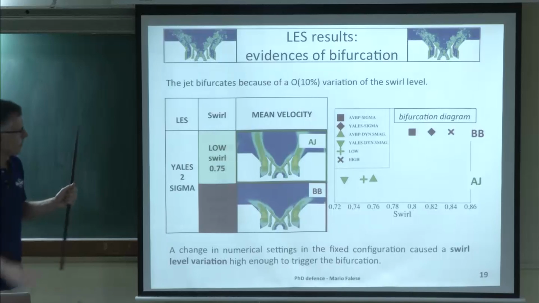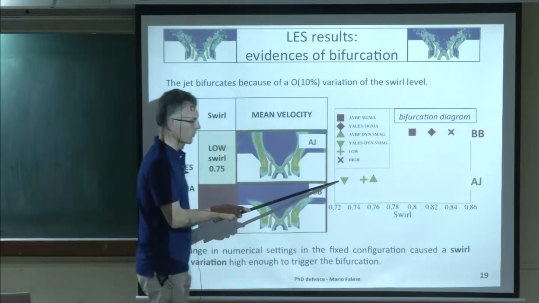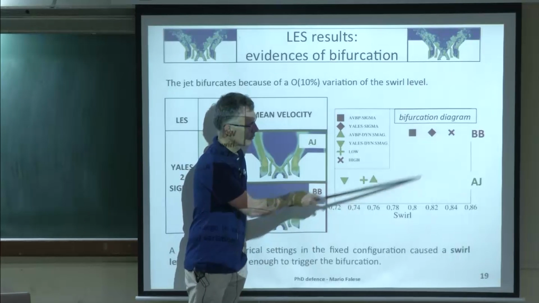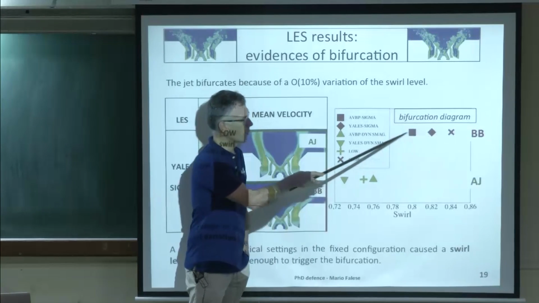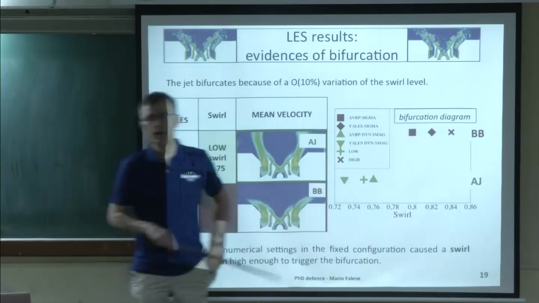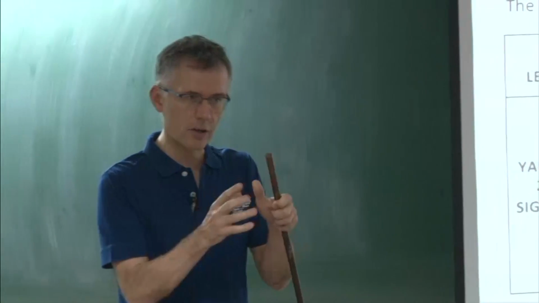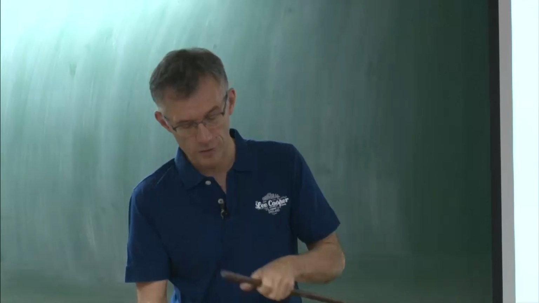Now, when you do that, the other thing you can do also is you can slowly increase the swirl in one direction to go there, or slowly decrease the swirl in one direction and go there. And then you start having to talk about hysteresis. These flows can be stuck on one regime and then they go to another one.